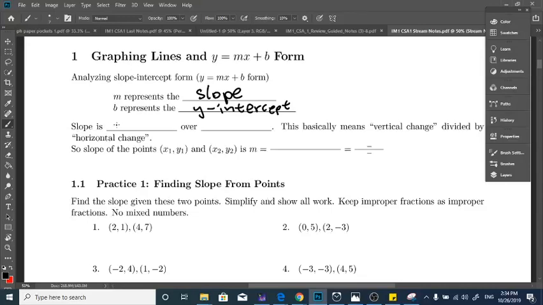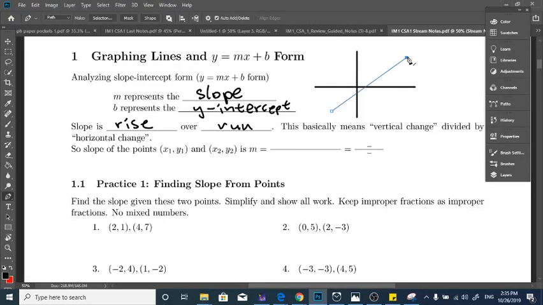Okay, slope is rise over run. This basically means vertical change divided by horizontal change. So in a graph, you would see something like this.